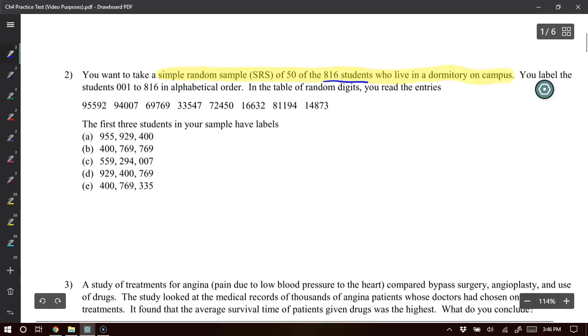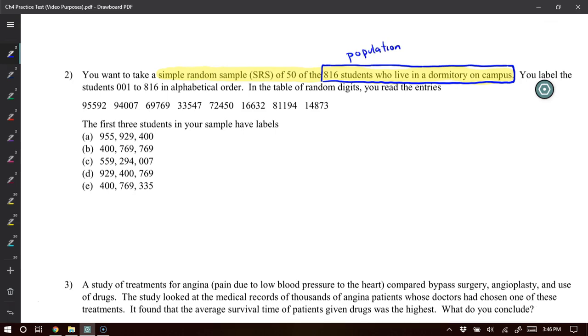So this right here, 816 students who live in the dormitories on campus, that is defining our population that we're trying to study. Our sample is 50 of those selected at random.